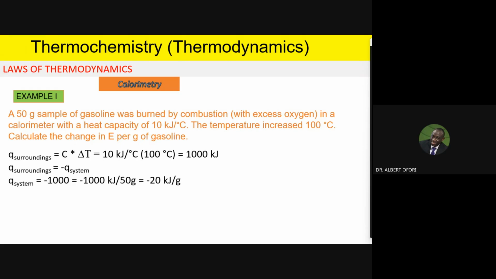Well, just as we mentioned, here there's an exchange between the surrounding and the system. In the surrounding, definitely we are given the specific heat capacity. If it is specific, then we have to be given the mass, or we have to use that of the mass. But then we are not given the specific heat of that gasoline that we are heating.